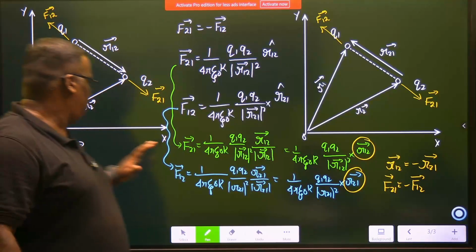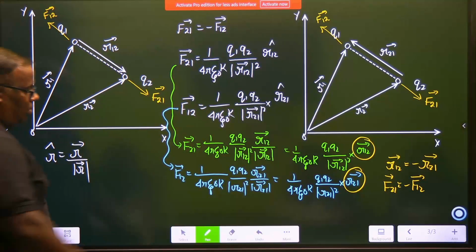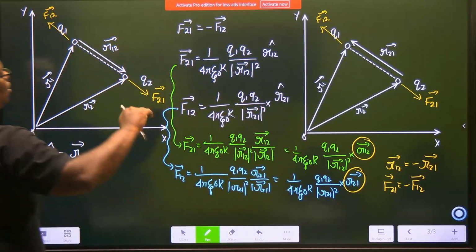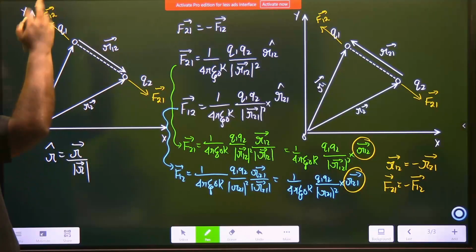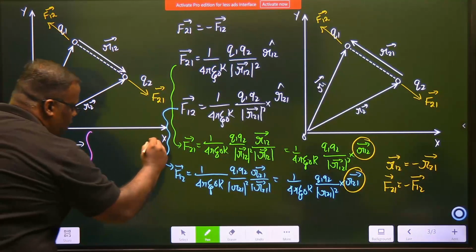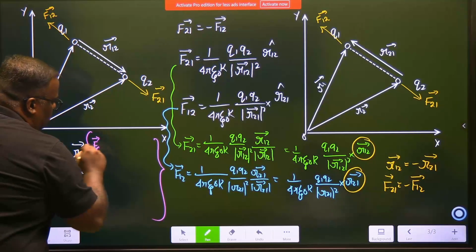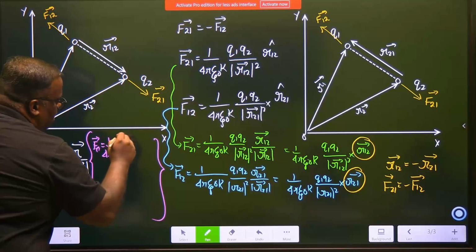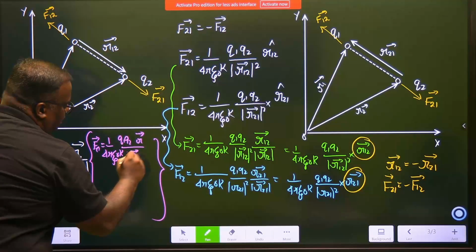So you tried to show, children, Coulomb's law in vector form by elaborating a whole scenario. And now if you want to generalize it, you are not bothered about what is the force experienced by Q1, what is by Q2. You're only bothered about a force F. So if you want to summarize Coulomb's law in vector form, you would say the electric force between two charged bodies is given by 1 by 4 pi epsilon naught K Q1 Q2, and then R as a vector divided by R vector cube.